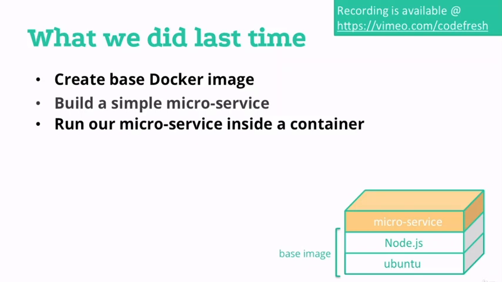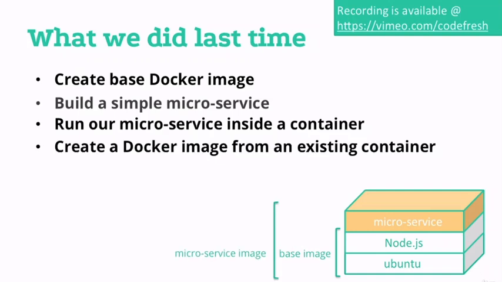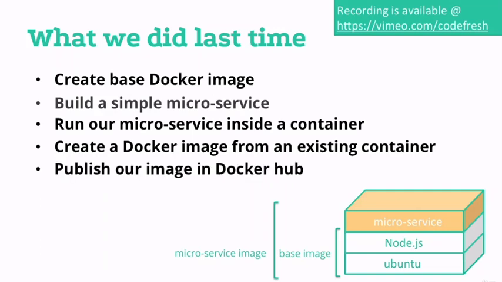We checked that our microservice is running well on this container, and we stepped out of this container, and using docker commit we created a new image that includes the microservice, Node.js, and Ubuntu. As the last step, we took our image and pushed and published it in Docker Hub. So this is what we did last time.